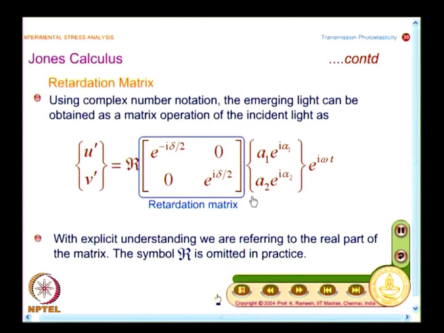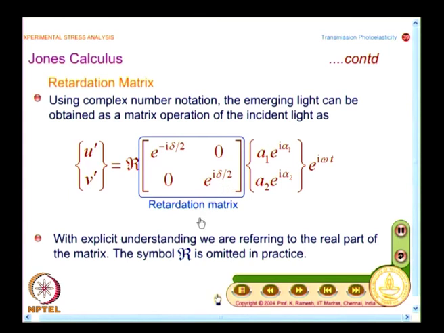And this is the general light that is impinging on the retarder. This is what happens inside the retarder, within the model or within the crystal plate. You have ordinary and extraordinary beams acquiring a phase difference of delta, which is represented as one half split to the slow axis, another half split to the fast axis.